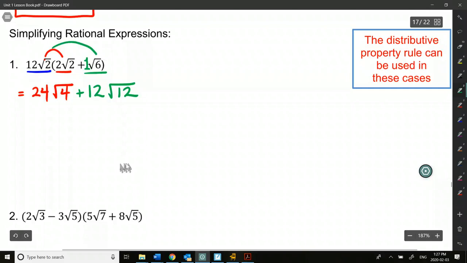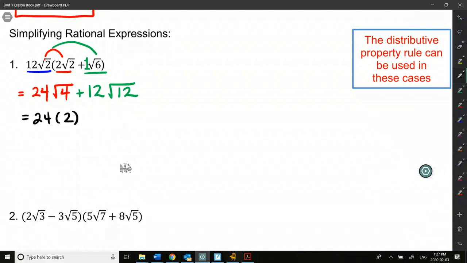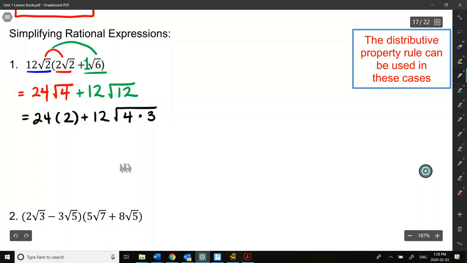You need to see if there's anything left that can be simplified in those two radicals. So what do you notice about this? It's root 2 times 2. Yeah, it's just a perfect square. Can I just write 2 for the square root of 4? Yeah, for sure. And we do have a 4 inside of 12, so 4 times 3.